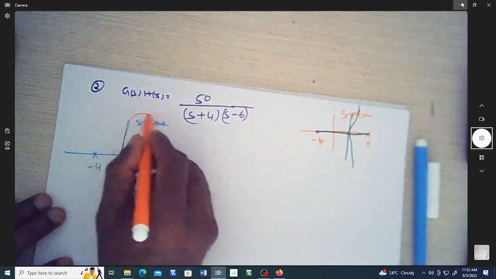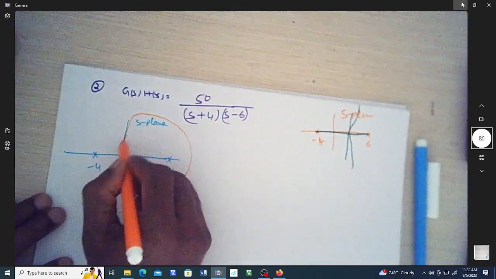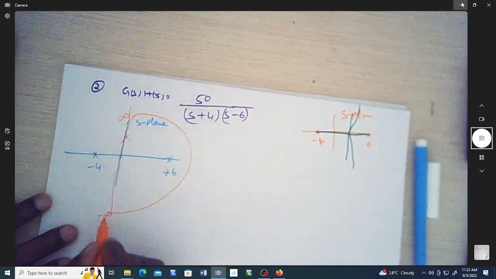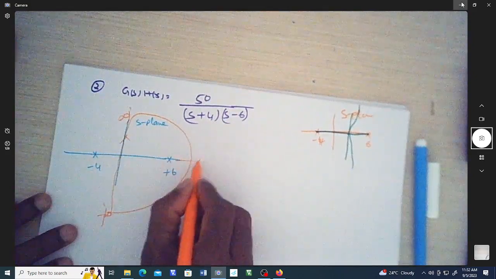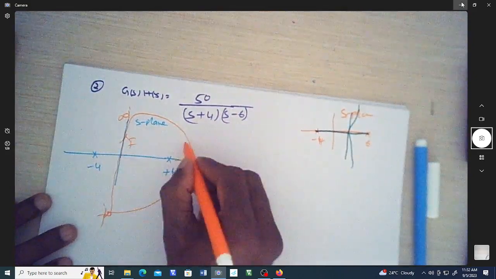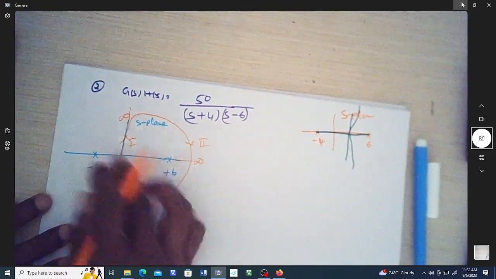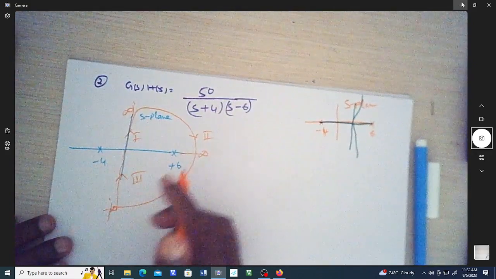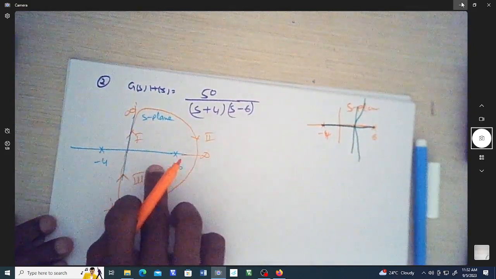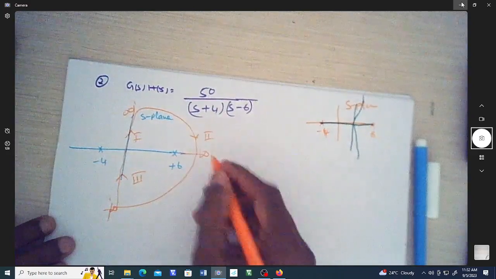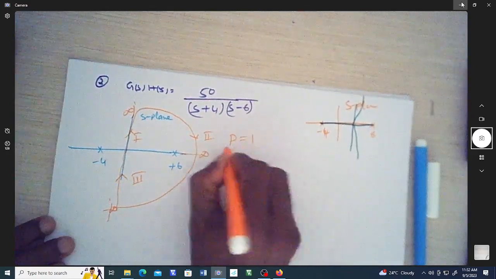This is infinite, so we are treating this as infinite. Of course, this is j, this is also j, going up to infinity. This is segment 1, this is segment 2, segment 3, this is your contour. Looking at this, since one pole is on the right hand side, it is enclosed by this Nyquist contour, so this P becomes 1.